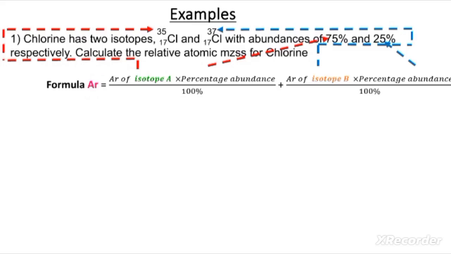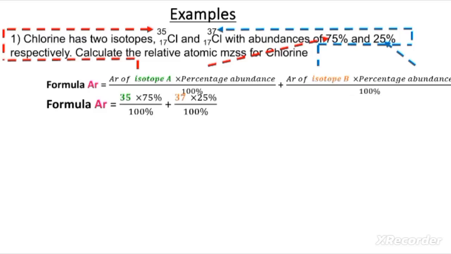The next thing that we are going to do, we are going to plug in the pointed values into our formula. So we are going to say relative atomic mass is equal to 35 times 75 over 100, plus 37 times 25 over 100.